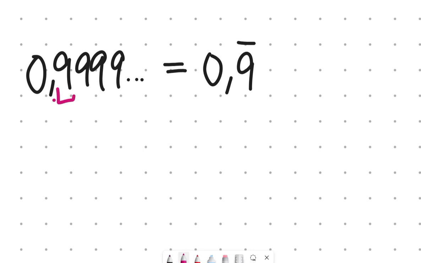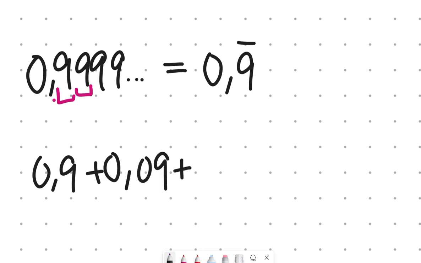We can take this 9 and demonstrate it as 0.9 and add 0.09 and add another 0.009 and so on.